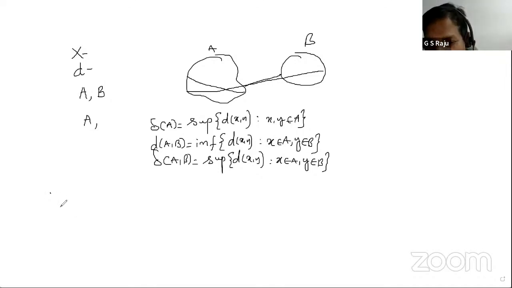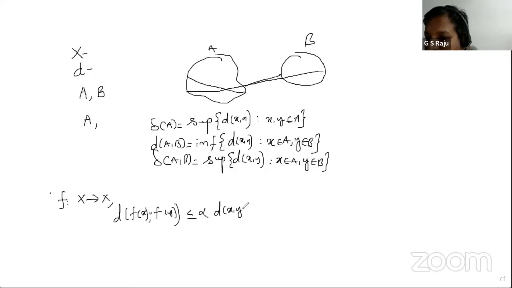It states that if we have any function f from X to X and f satisfies the following condition: the distance between any images is less than or equal to alpha times the distance between the pre-images, where alpha is some constant in [0, 1).